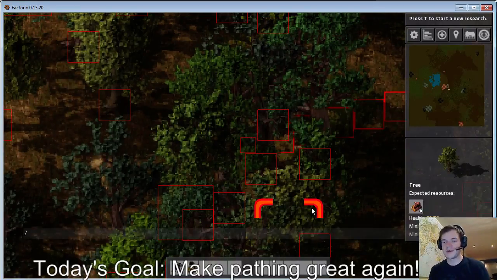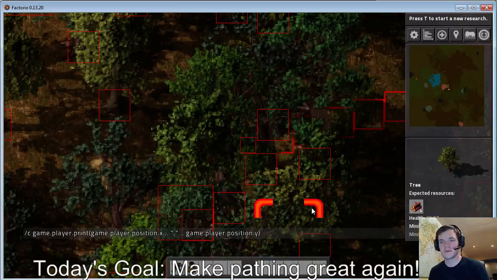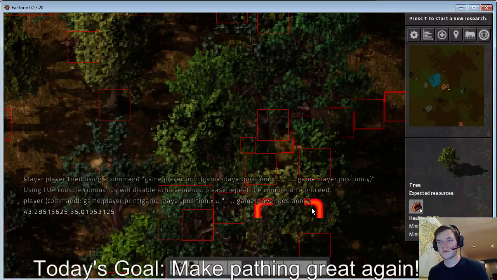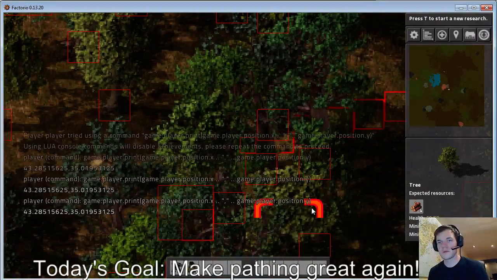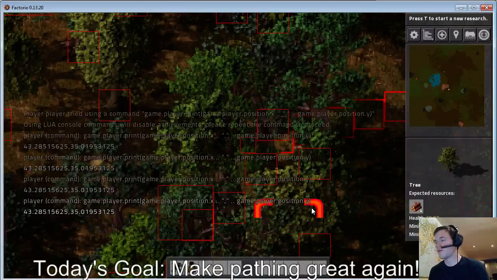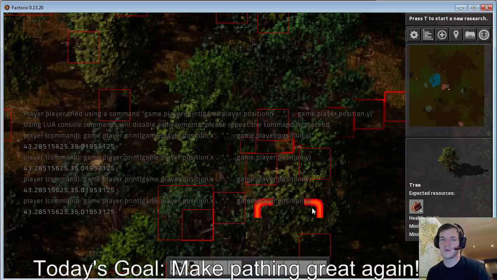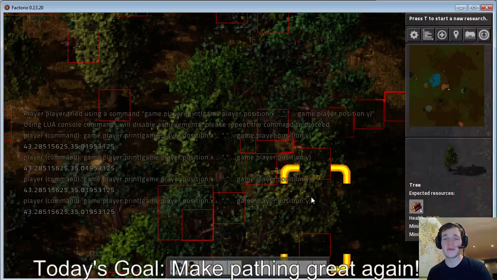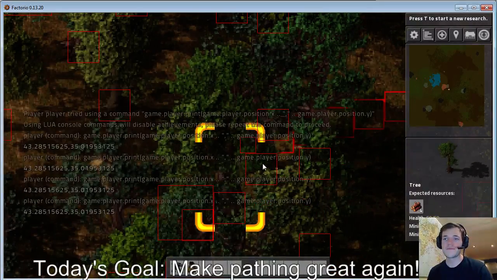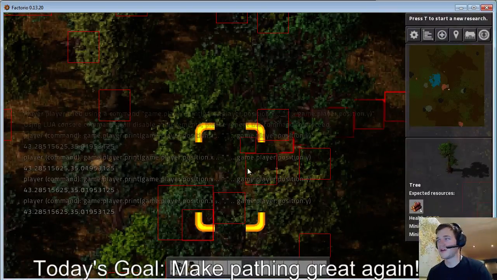The problem is... oh, he is actually stationary now. The problem is that it's not reliable for the player to be stationary. It's not reliable to say that when they're stuck, their position is going to stay the same. Which is unfortunate. It means it's very hard to detect when they're not moving.